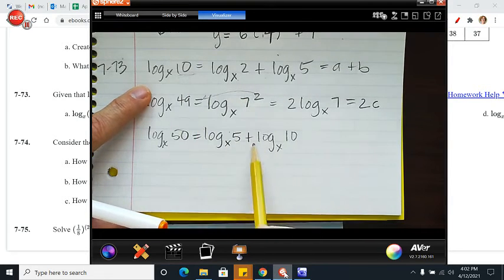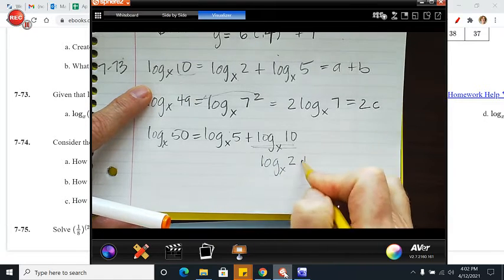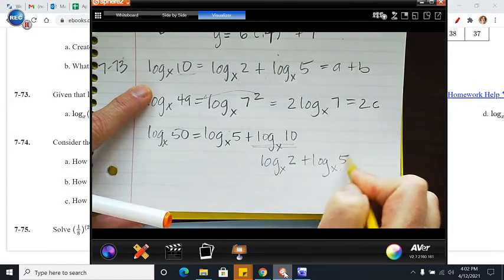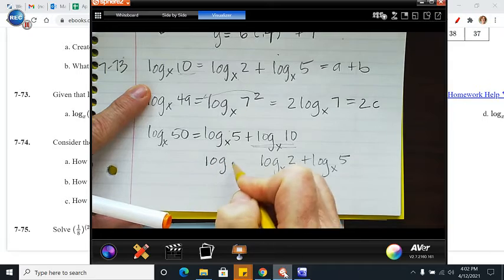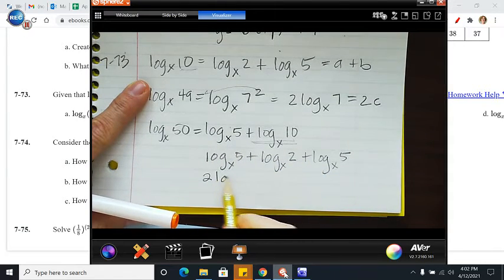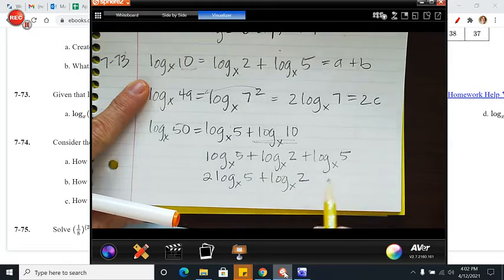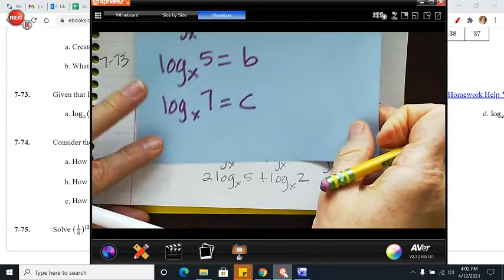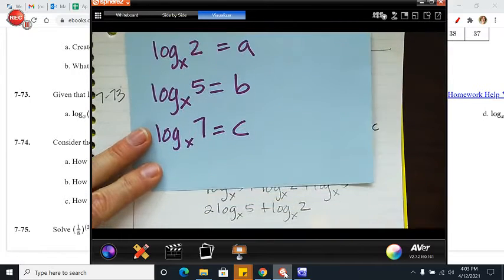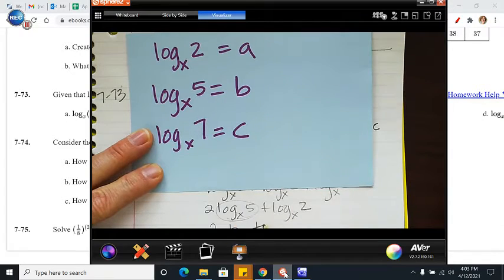You've already got this one rewritten as log base x of 2 plus log base x of 5. So then you've got basically 2 log base x of 5 plus log base x of 2. And if you write it with a, b, and c, that would just be 2b, this is b, and then plus a.